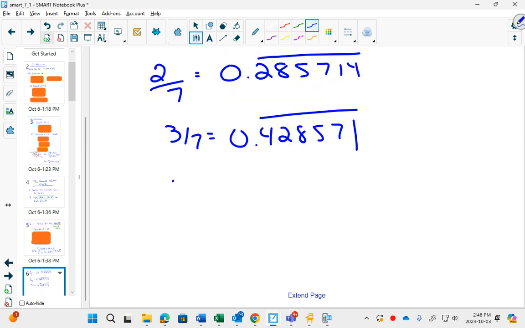I'm going to skip a few. Now, what do you think 6/7 is? You thought I'd skip to 7/7 and be all impressed with yourselves. 0.857142 repeated. You notice it's the same numbers in the same order repeated every single time?